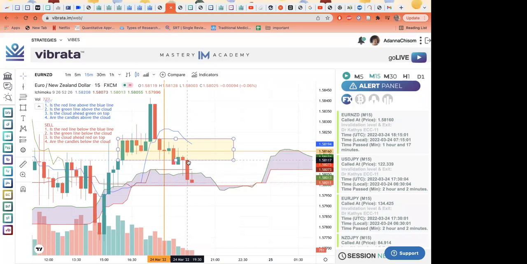Or you can use 58117, and it fell down to this point. You can even say 58002. Either way, can someone help calculate that? So let's use 58: from 119, it goes all the way down to 002. How many pips is that?